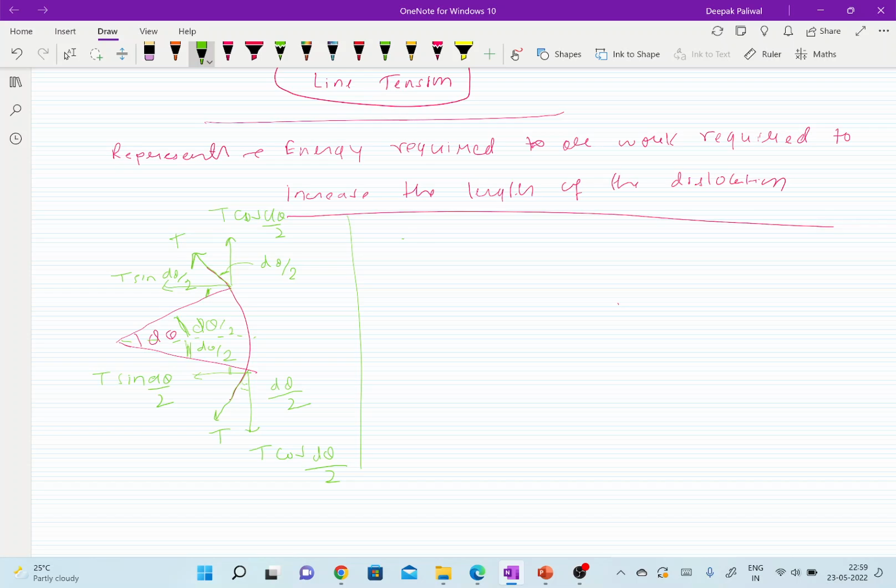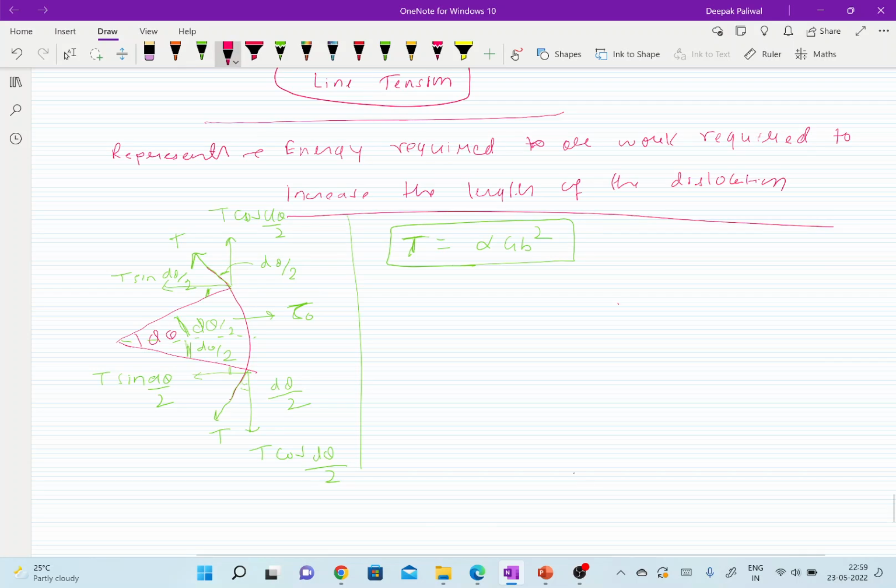As we know, the line tension represents the energy of the dislocation, so we can write it as alpha G b square, like what we learned in the previous lecture: the total energy of the dislocation is alpha G b square. Now let me write tau naught here.